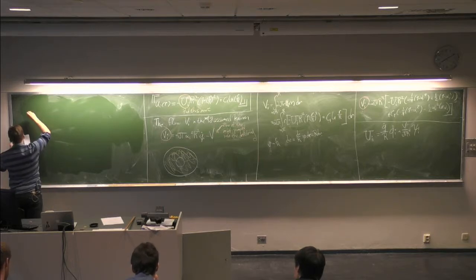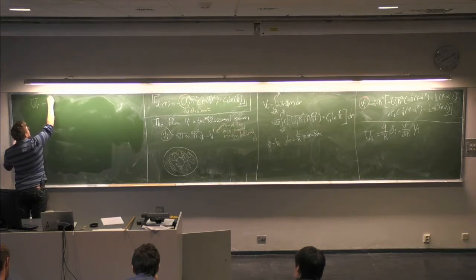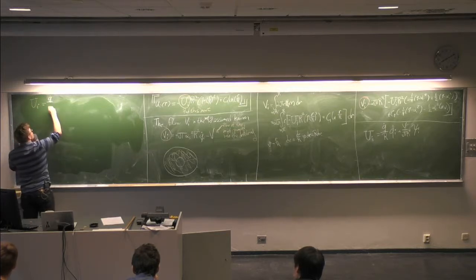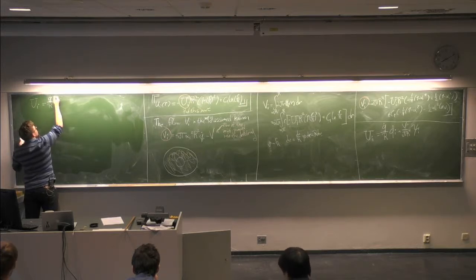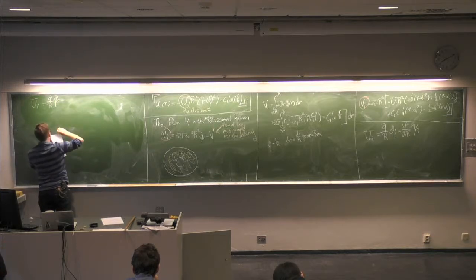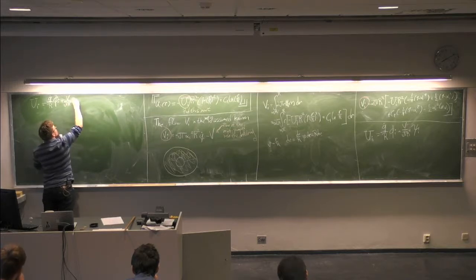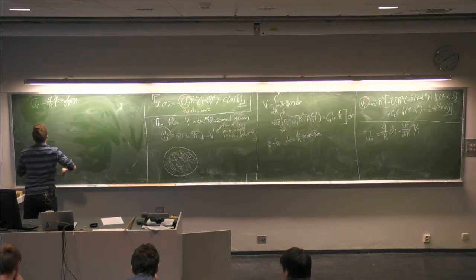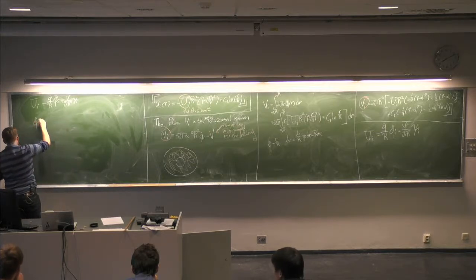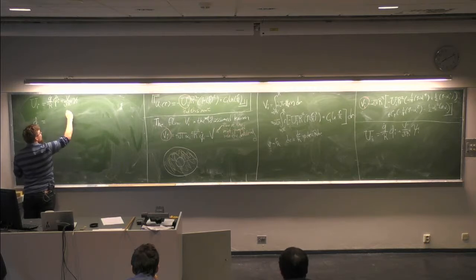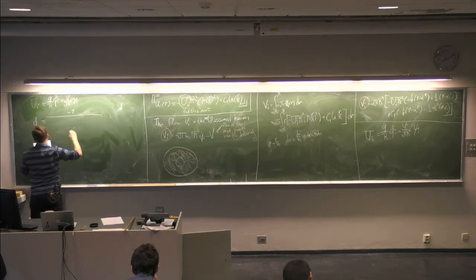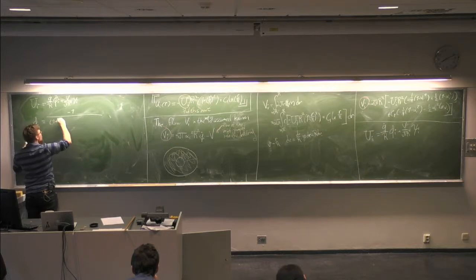So again, capital UI equals phi I over 4 psi I, where phi I equals, let's see, minus 1 over 1 plus phi squared.